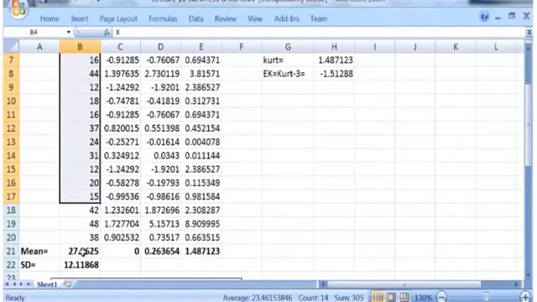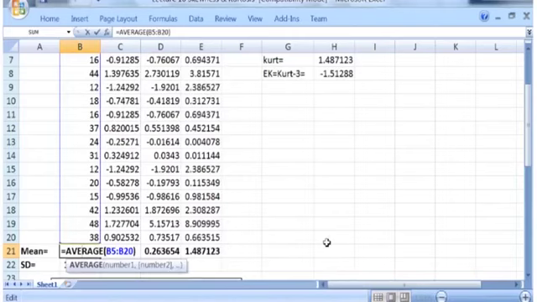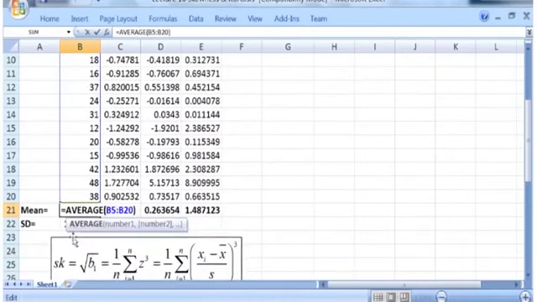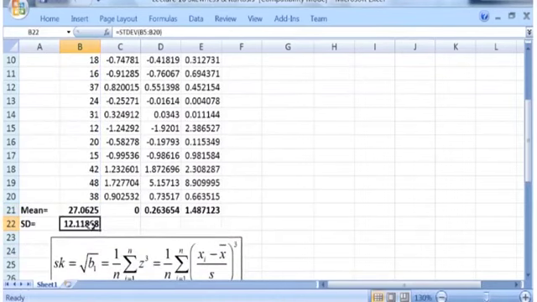So first we can use the average built-in function to calculate the mean value. Using the average function, equals average B5 to B20, we can calculate the mean, and we can also calculate the standard deviation using an Excel built-in function.